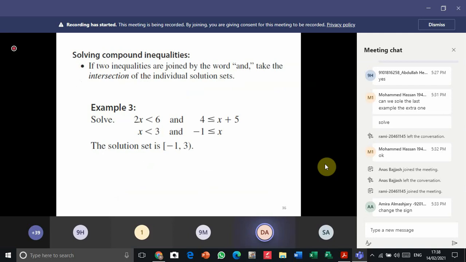Look at this. We have and means intersection. We have 2x less than 6. So by dividing by 2, we have x less than 3. On the real number line, from negative infinity to positive infinity, we have 3.